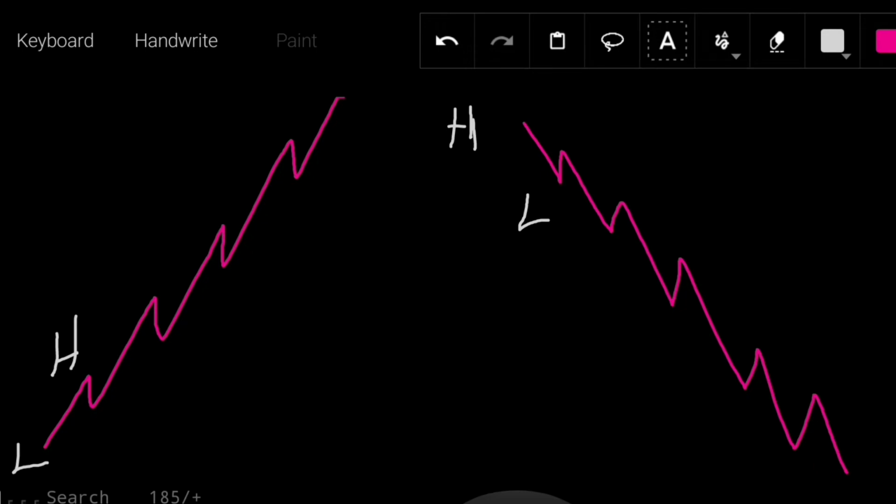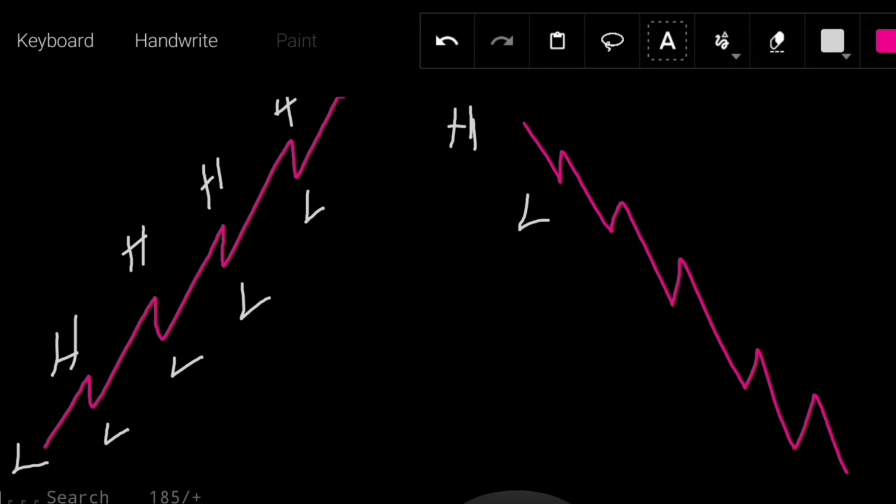Now what we'll see in an uptrend is, you can see, these are all the highs. We'll write here, and these are all the lows. So we'll mark this now.